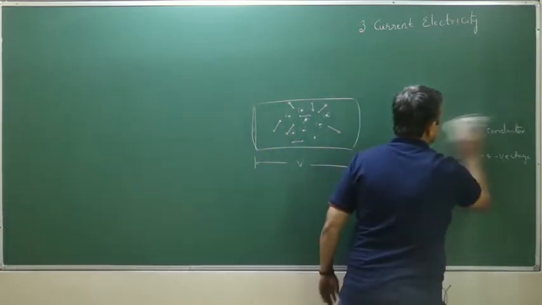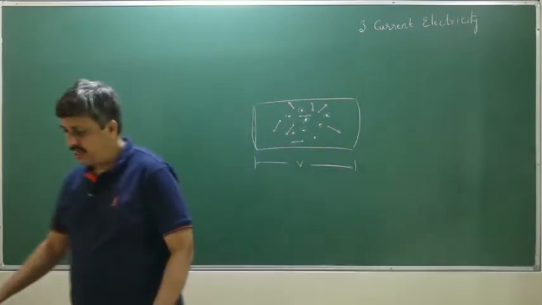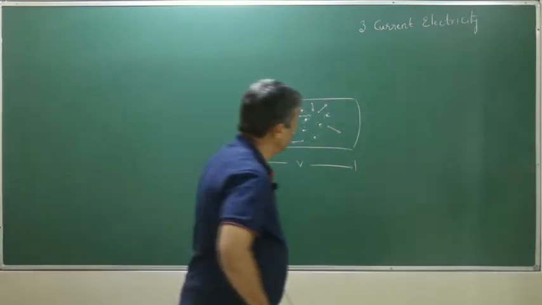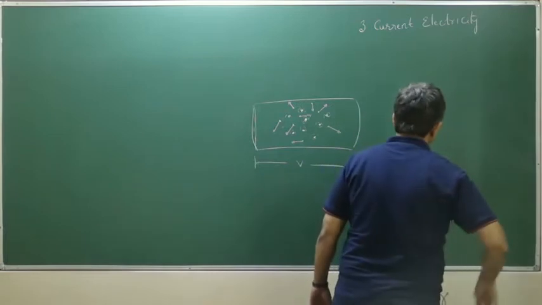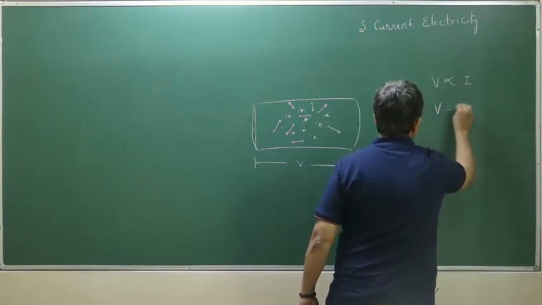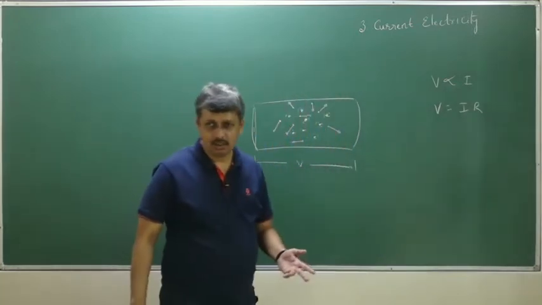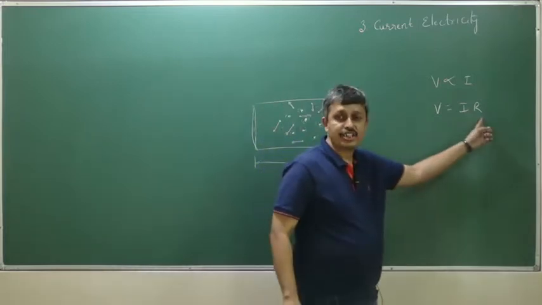So V and I are related like this, and this is something that we already studied long back, this is called resistance.